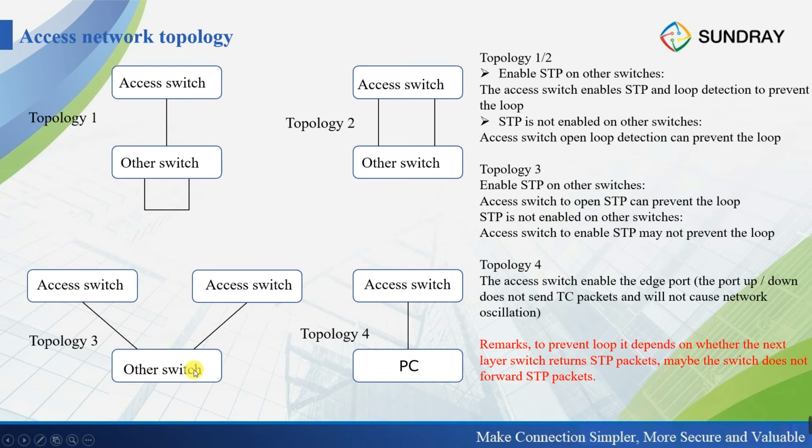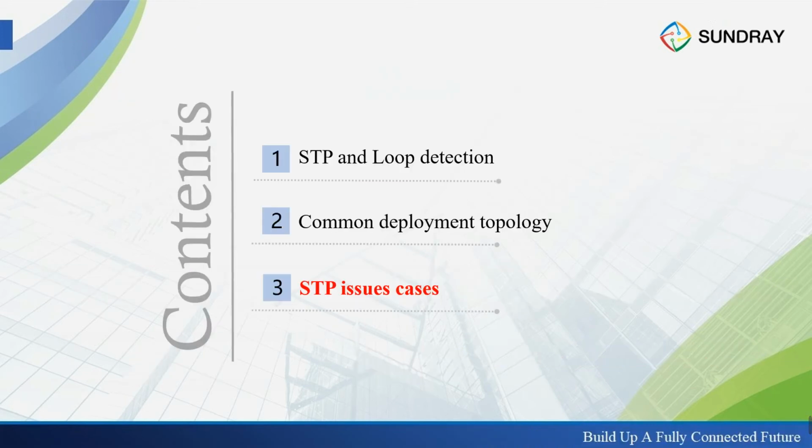If these other switches do not support spanning tree, we can use loop detection to detect the loop. And for access switches, we can just enable the edge port, so whether the port goes up or down, we will not send the TC packet, which would cause a MAC address refresh in our networks.